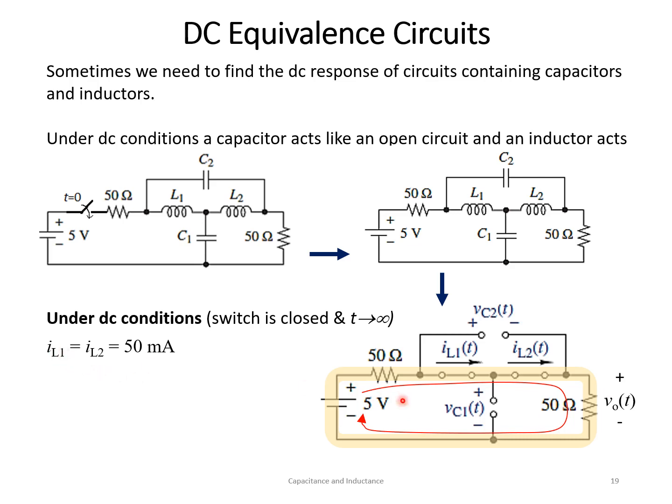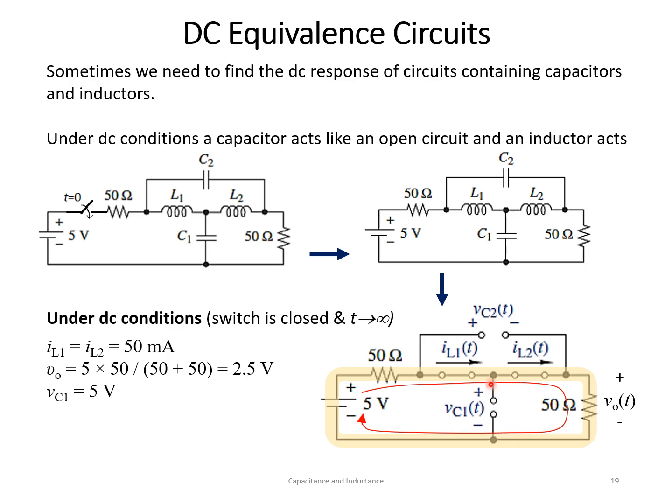Now we see IL1 is equal to IL2, and it is 5 divided by 50 plus 50, which is 50 milliamps, and VO is 2.5 volt, as I have said. What is VC1? This C is in parallel with this. It doesn't mean that the capacitor disappears; it means the capacitor behaves like an open circuit.